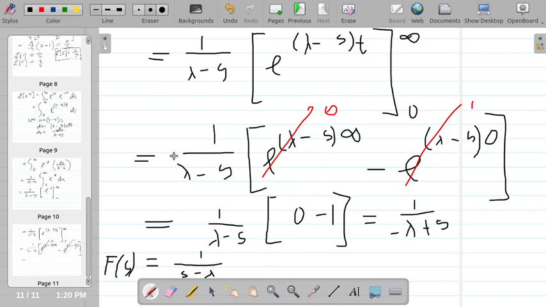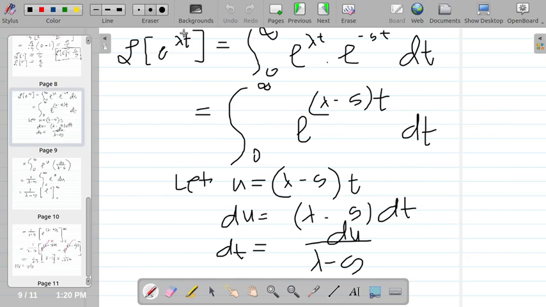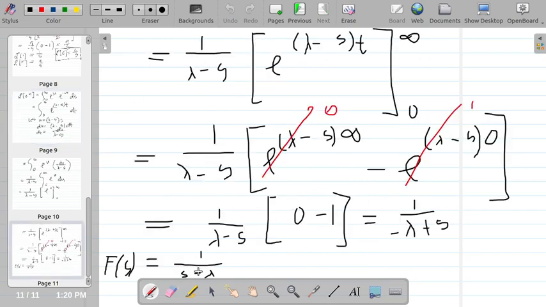So the Laplace transform of e raised to the power of lambda times t is 1 over s minus lambda.